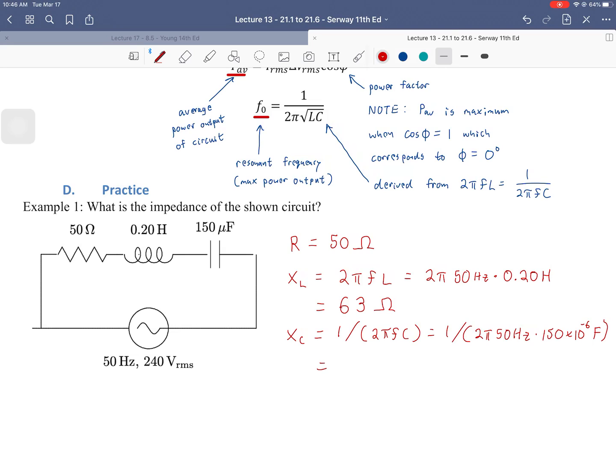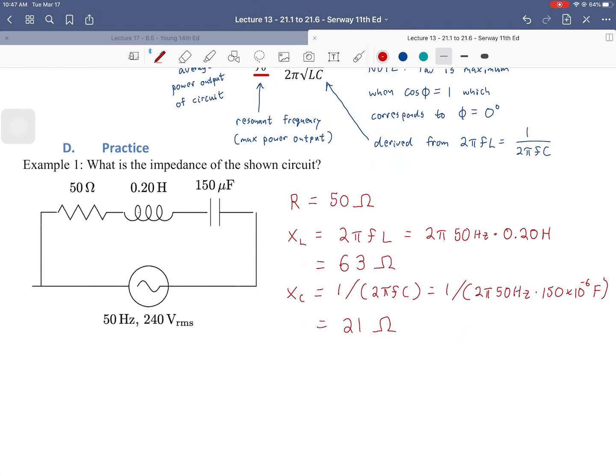And then for the reactance of the capacitor, 2 pi in the denominator times 50 and then times 150 times 10 to the negative 6. That gives me 21.2, or 21 ohms.